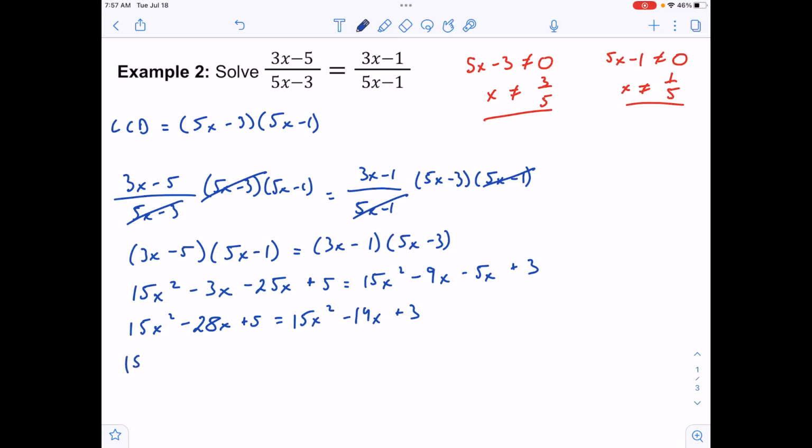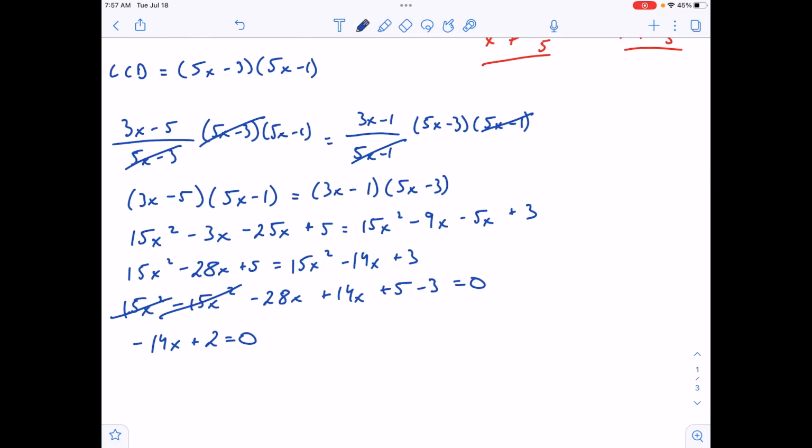I'll have a 15x squared take away 15x squared minus 28x plus 14x plus 5 minus 3 is equal to 0. So these will go to nothing. Negative 28x plus 14x is negative 14x, and 5 minus 3 is 2.